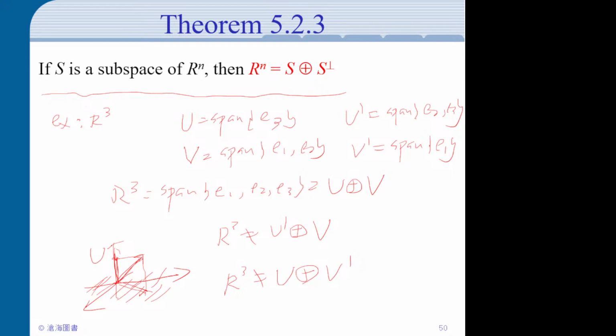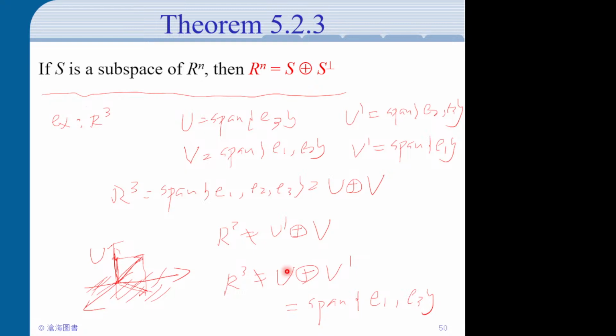That's because U direct sum with V prime only spans things inside E1 and E3, so they only span the XZ plane. So this is another subspace, E1, E3, right? But that's not the whole space.